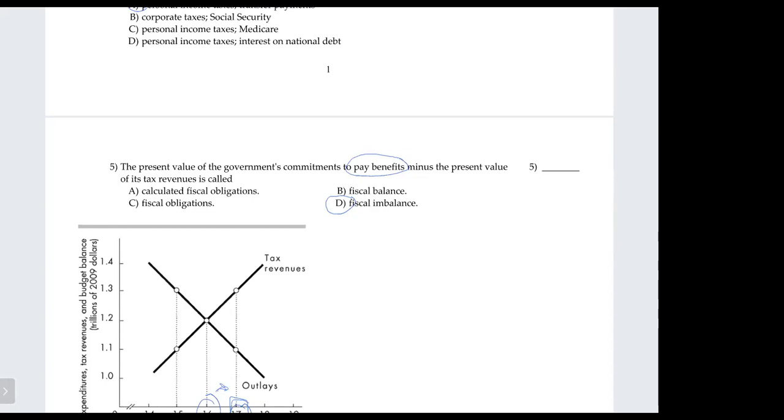Chapter 22. There's a question from students. Can we go over chapter 22? But which part do you want me to go over? If you are not sure, I would suggest you just go to review 2 and review 3. Both have been posted online, right?